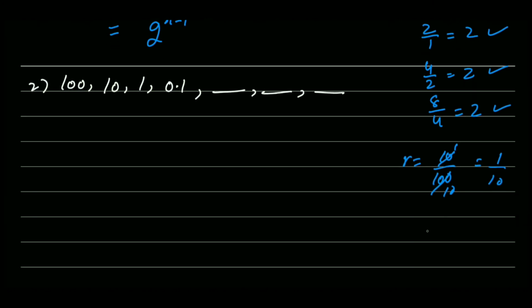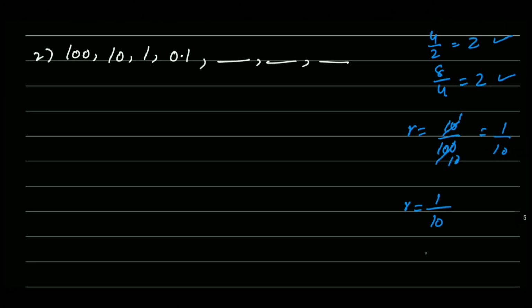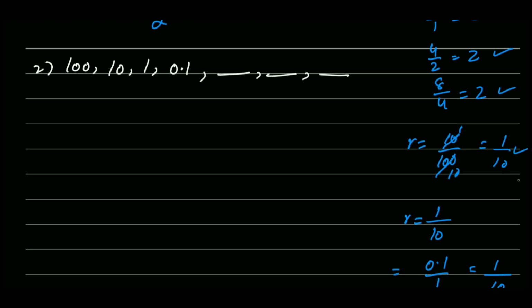The next ratio is 1 by 1 over 10, and then 0.1 divided by 1 is equal to 1 by 10. So you can see that they have a common ratio, that is 1 by 10.